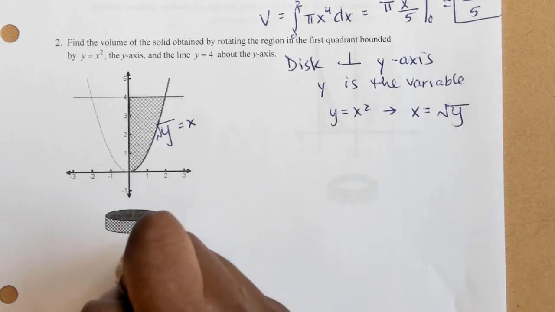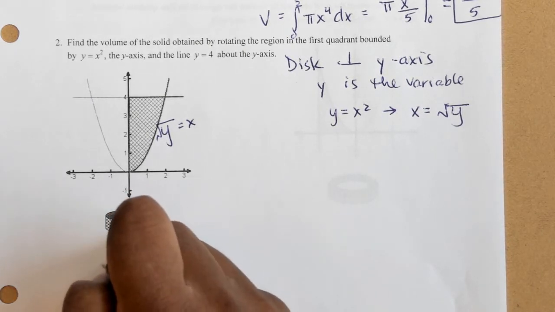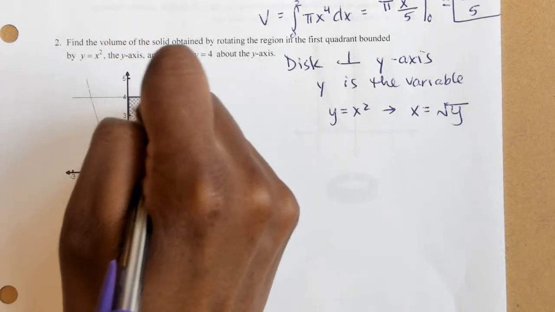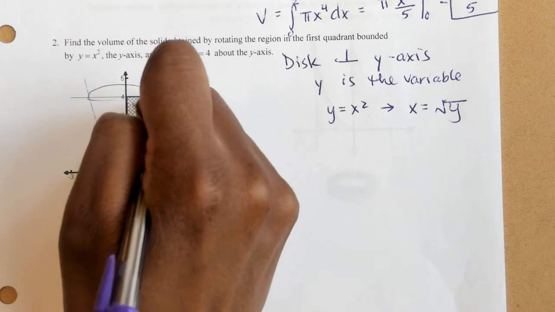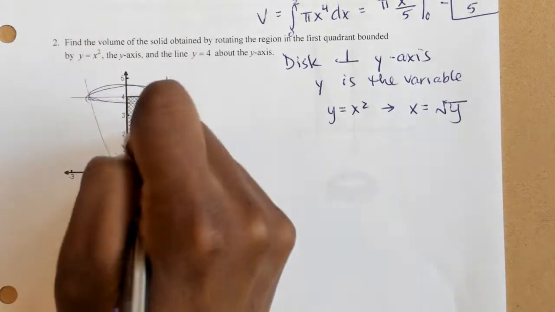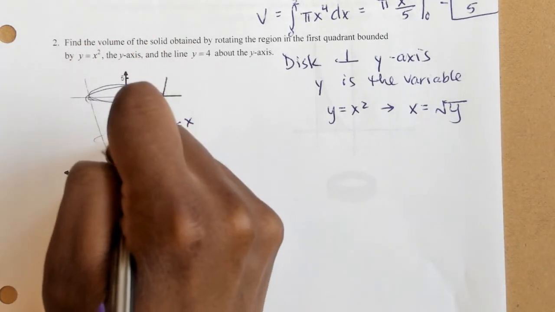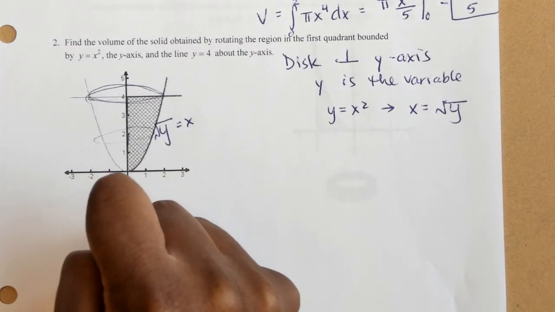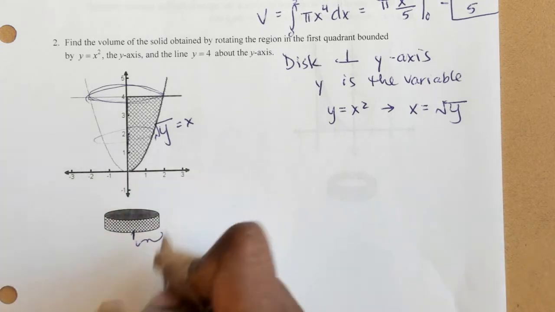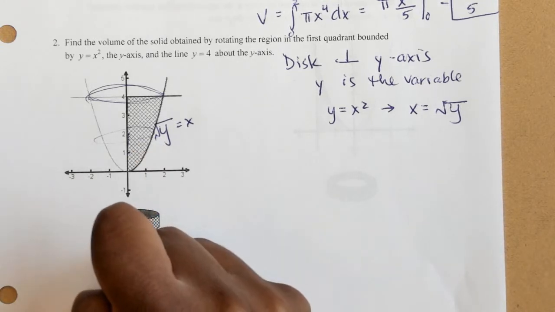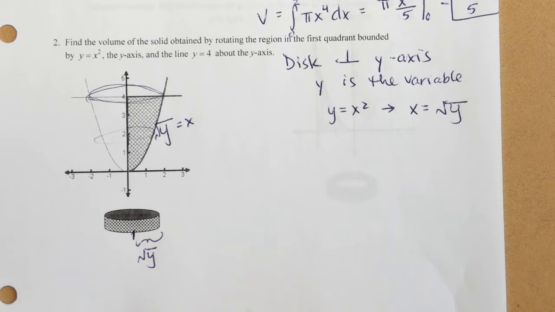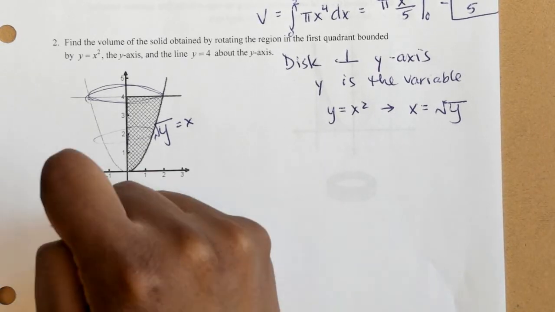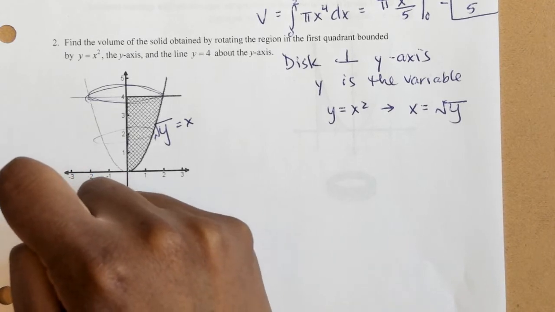So now, if I look at my disk, halfway through my disk, right, if I take this space and rotate it around, halfway through my disk, it's going to be my y-axis. So if I'm only looking for this space, that is just square root of y. And that'll be my big R. And then this space will be my change in y.